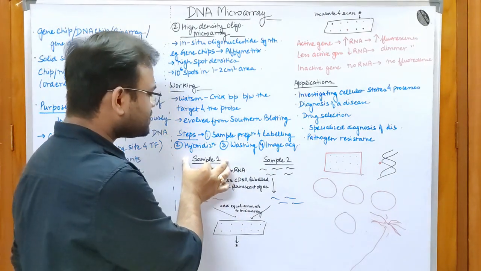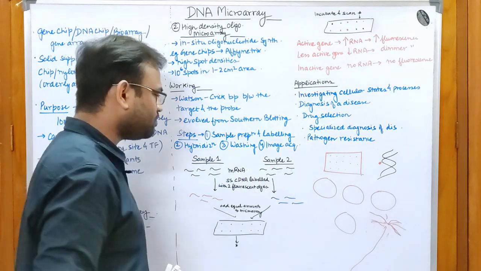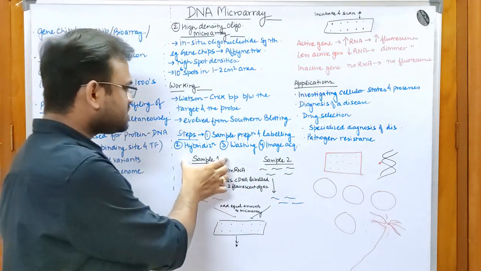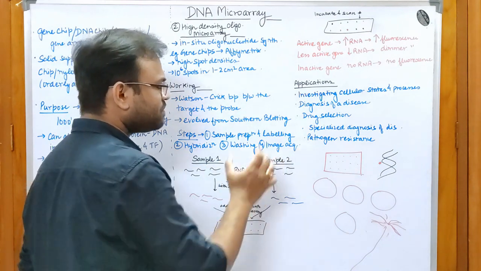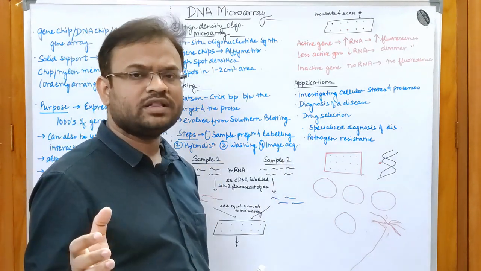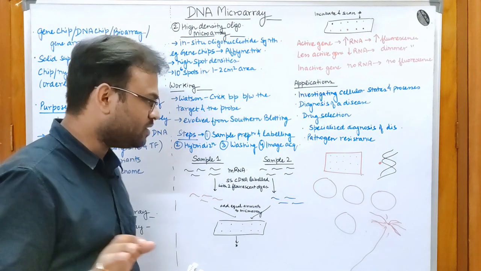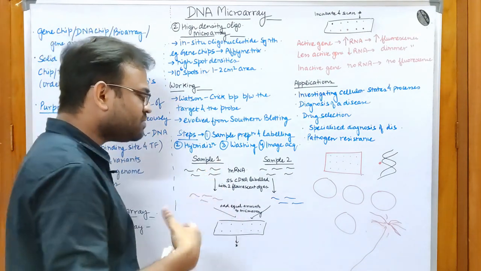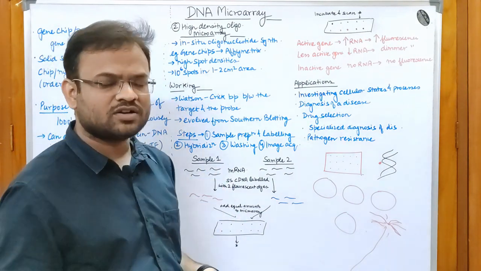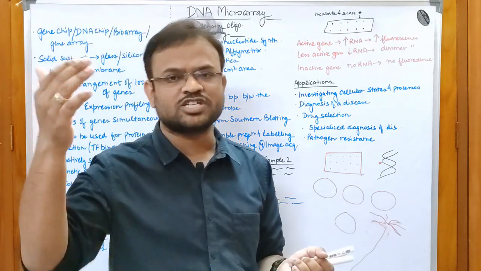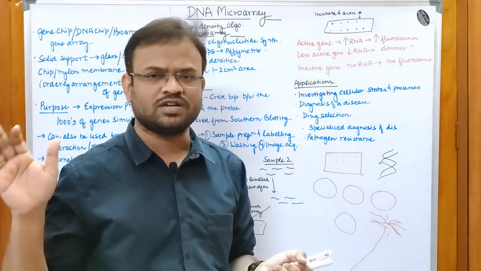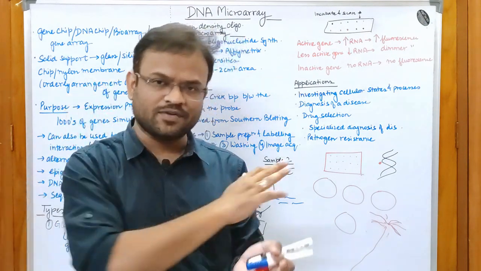So suppose I have sample number 1 and sample number 2. Suppose sample number 1 is a healthy individual and sample number 2 is a non-healthy or ill person who is not well. Suppose there is some kind of issue, some kind of disease in the liver. That might be because of the overexpression or underexpression of the genes of the liver, that we have to judge.